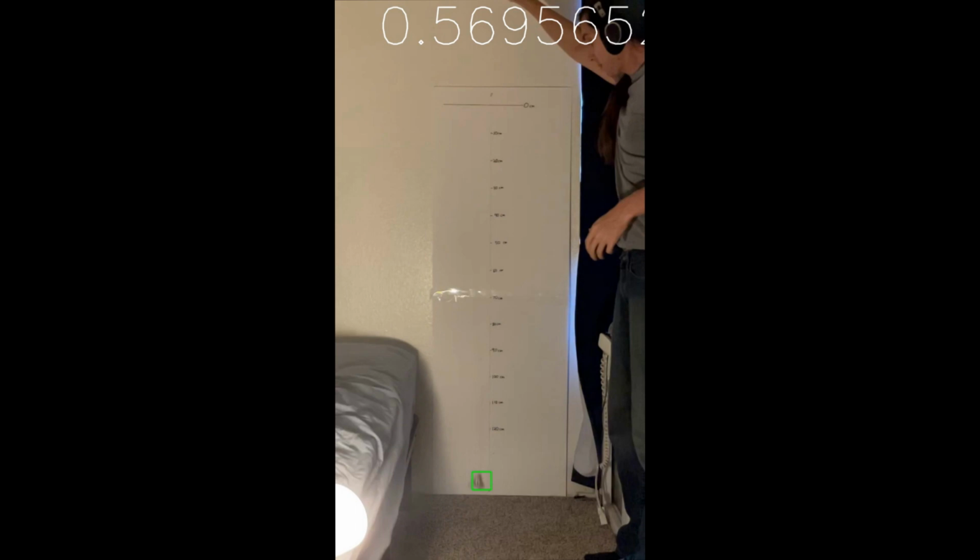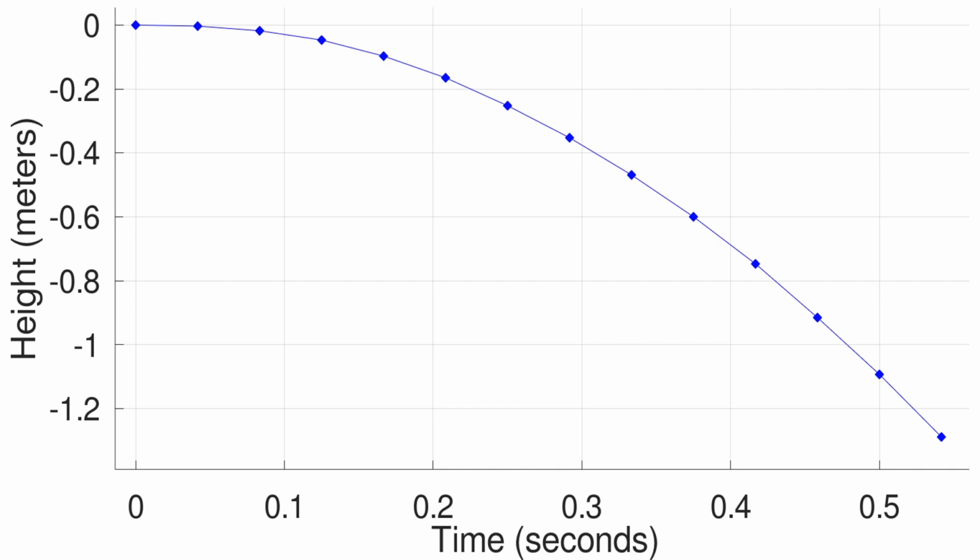So let's take a look at the data when we plot the position of that little doohickey as a function of time. Okay, so this is what it looks like if you measure the position of that falling object at 14 different points in time.